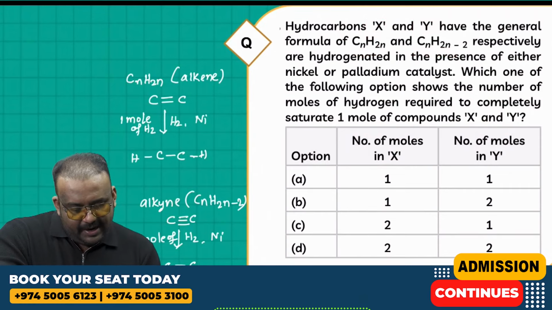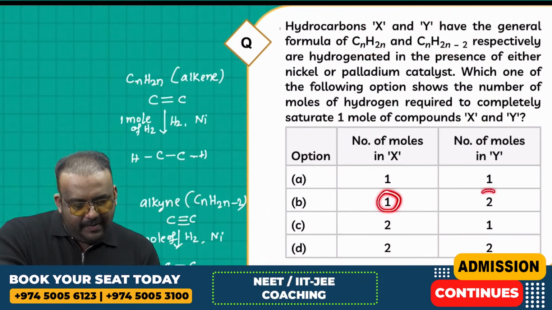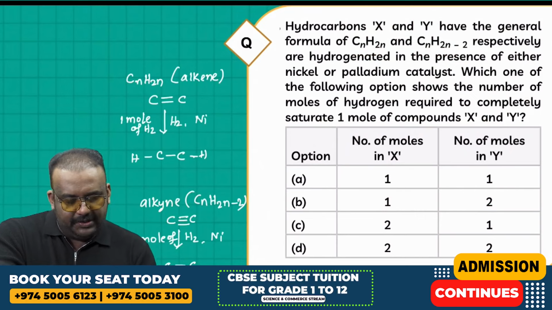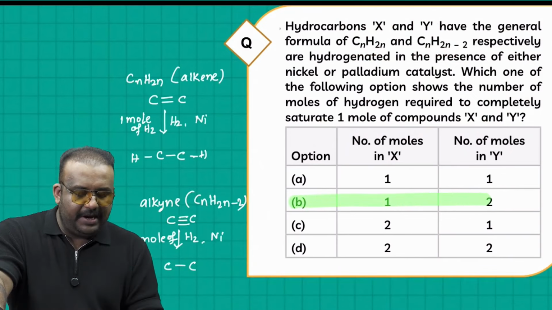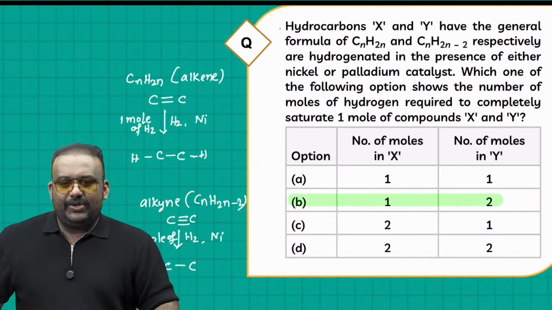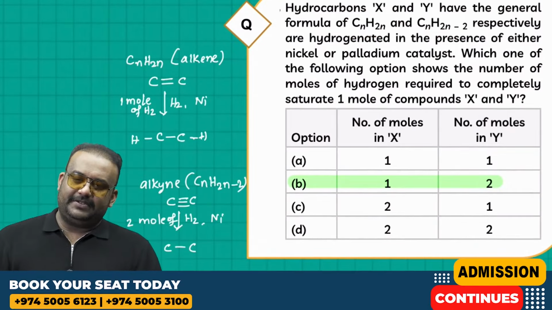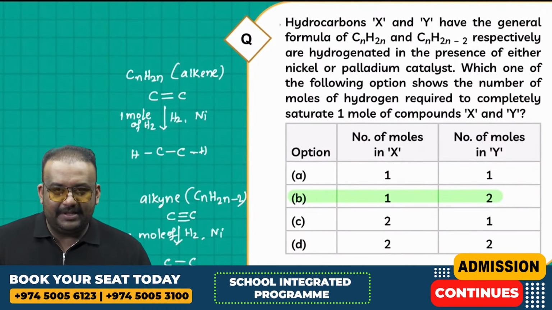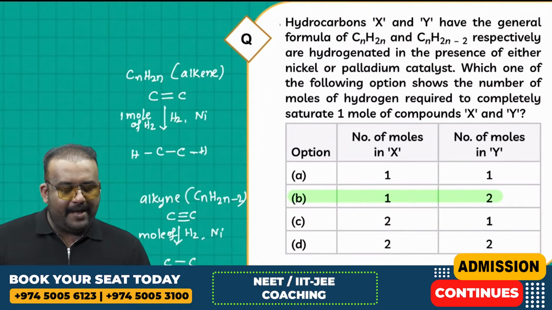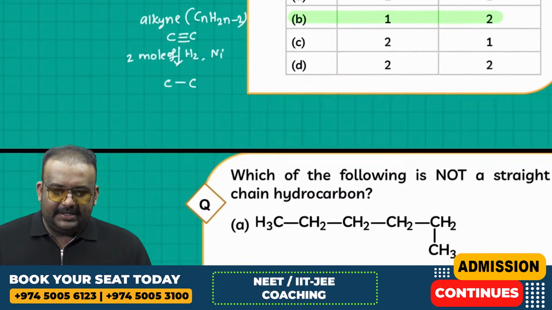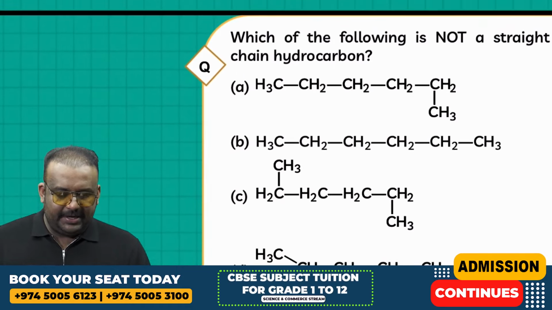So X will require 1 mole and Y will require 2 moles of hydrogen to completely hydrogenate it. So that is the answer for that question. I hope the concept is clear. Okay, great. Now let's discuss the next question.